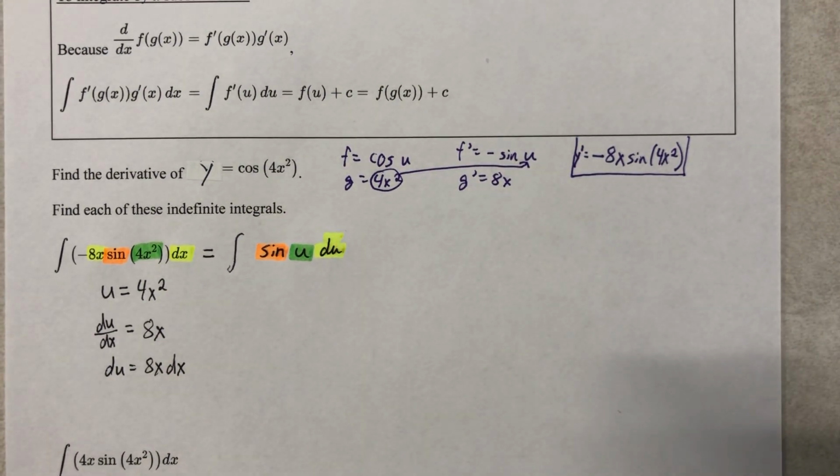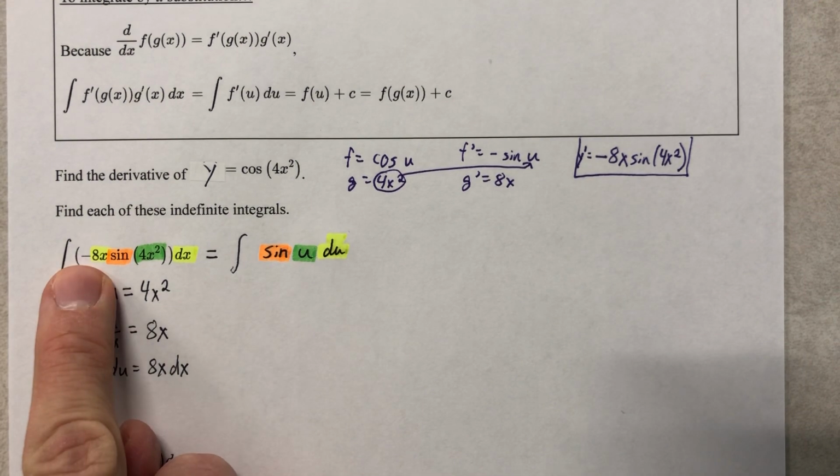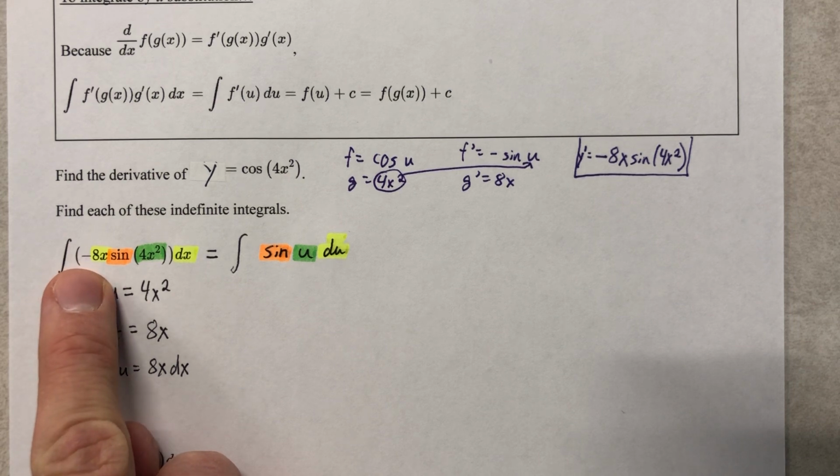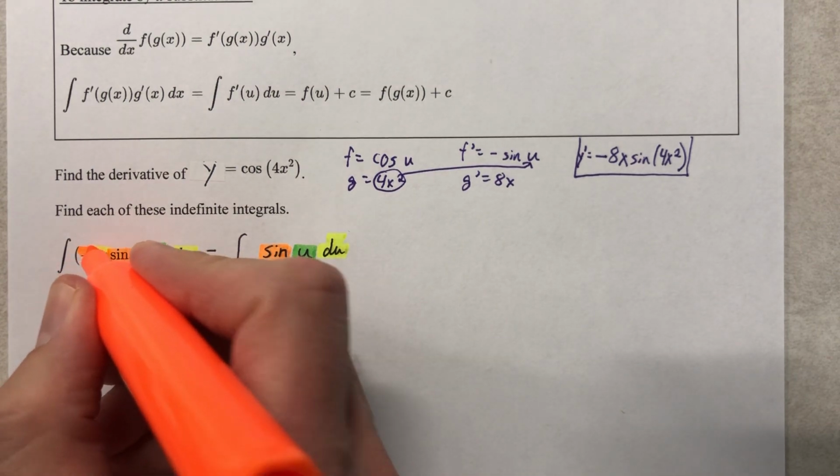Colorful lesson, isn't it? 8x dx is du. The only thing that we haven't dealt with is this negative. I don't need another color. So instead of saying the biggest thing happening is sine, I could say the biggest thing happening is negative sine.